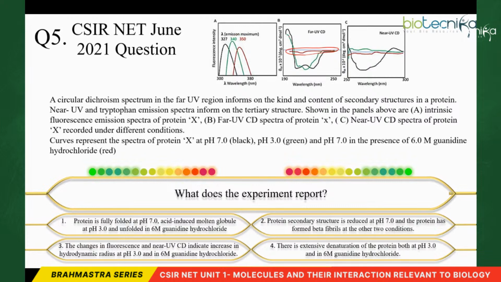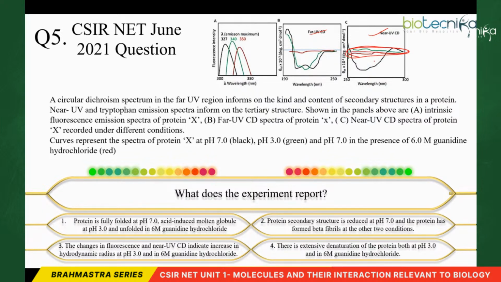Okay, whereas you can see that the pH 3 green color and black color, they are more or less showing that the structure is retained, because far UV is about the secondary structure. So if a structure is in molten globule state, this is the difference in near UV and far UV. In tertiary structure, you would see the green color line is also showing a disrupted structure.